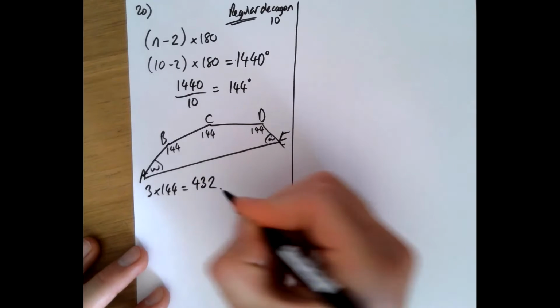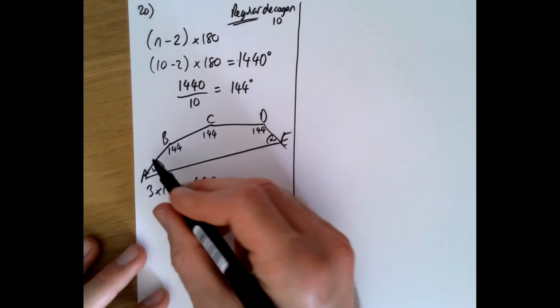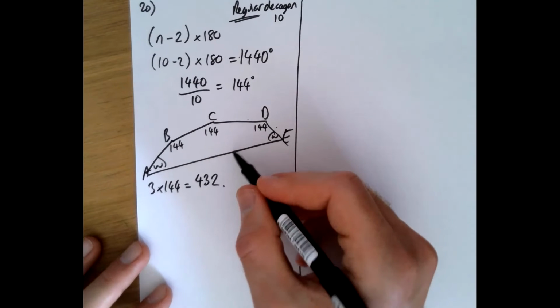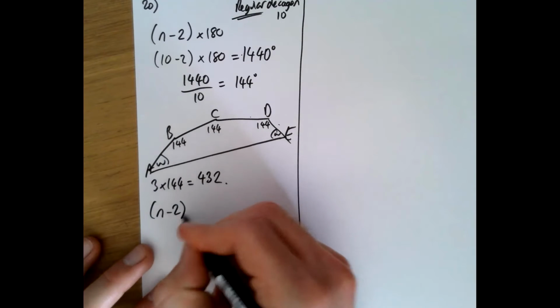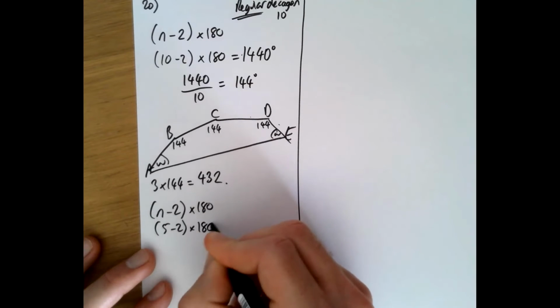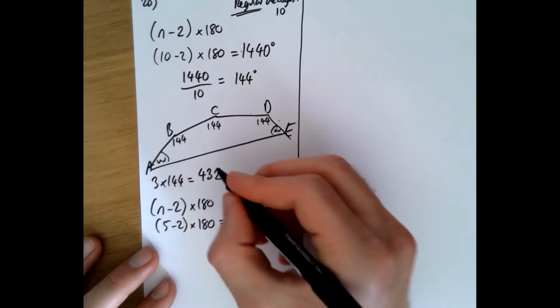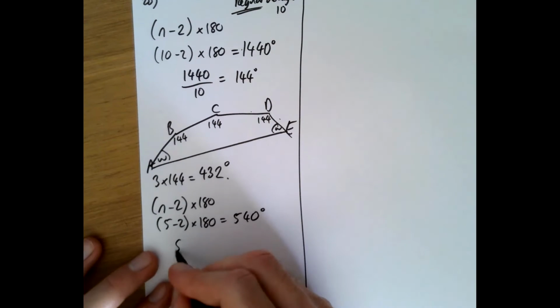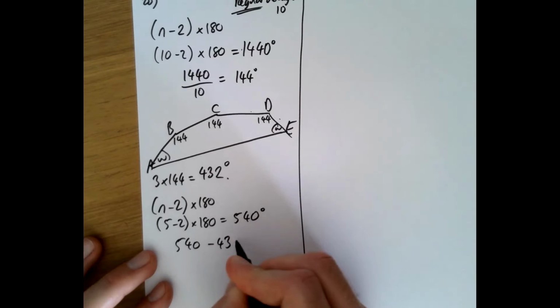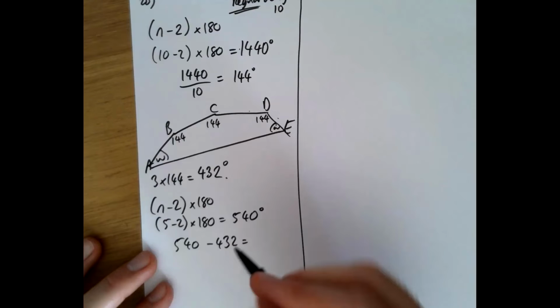Have we got a 10-sided shape? No, we haven't. We've got 1, 2, 3, 4, 5 sides. So n minus 2 times 180 for a 5-sided shape is going to be 540 degrees. We've already got 432 degrees, so 540 subtract 432 is going to be 108 degrees.